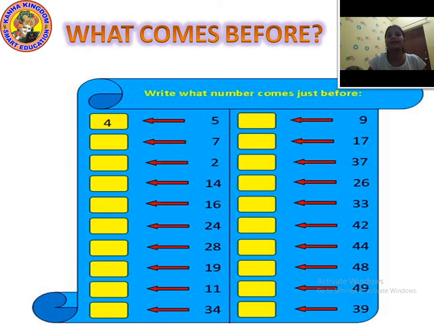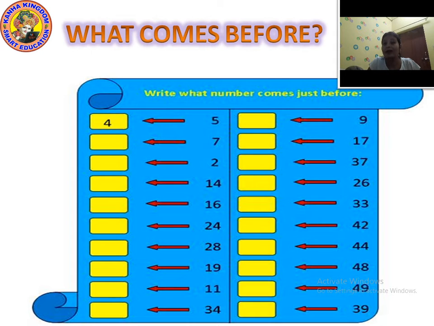Now the next number is 7. Let's find out what comes before 7. What comes just before 7? Let's start counting from 1 to find out. 1, 2, 3, 4, 5, 6, 7.